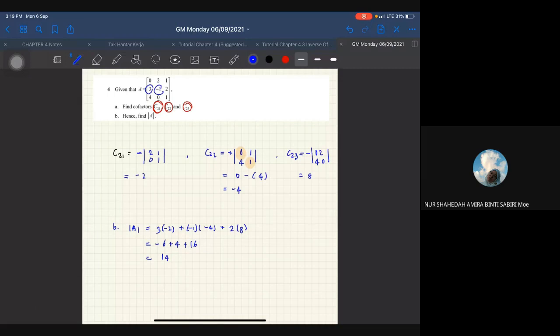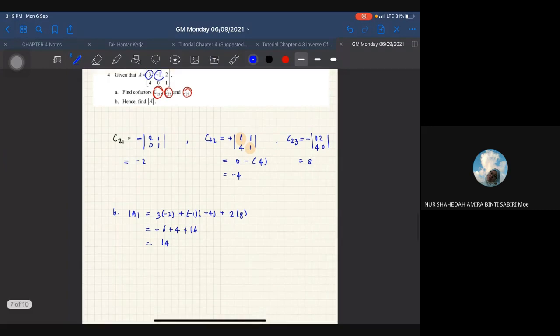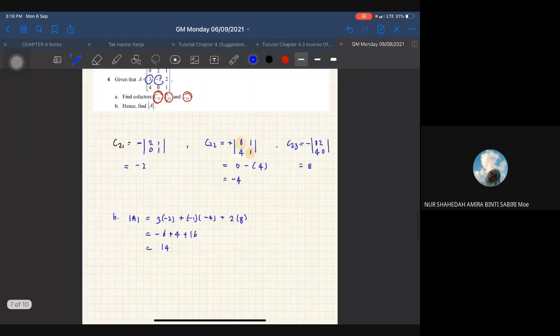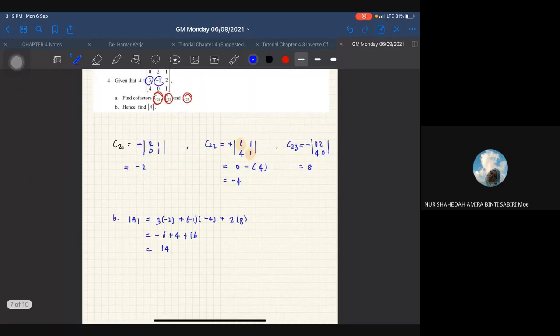Okay, so ini saja untuk cofactor dan juga determinant. Okay, so the next one. Okay, contoh. Instead of soalan kan sekarang minta awak cari cofactor, tapi sekarang soalan tu tukar, dia minta awak cari minor. Okay, let's say this one.